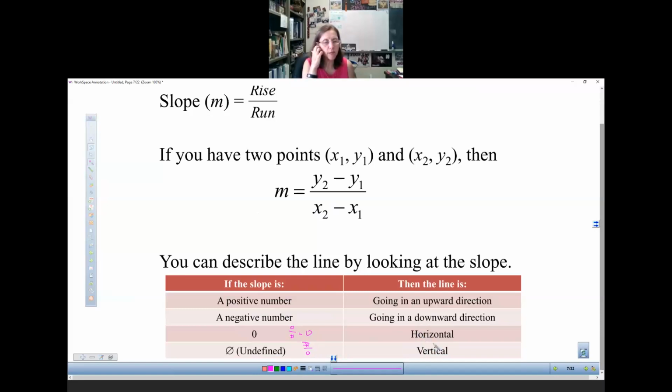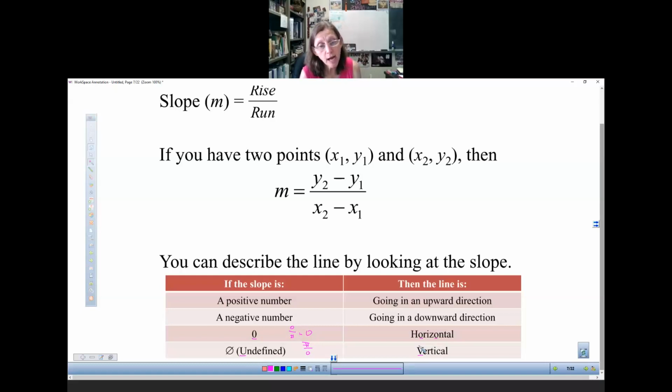These are some very special circumstances. One way I try to help students remember is that the word horizontal has two O's in it, and that goes with the 0 slope. Vertical is a little bit harder, but if you think about it alphabetically, U and V are right next to each other in the alphabet.